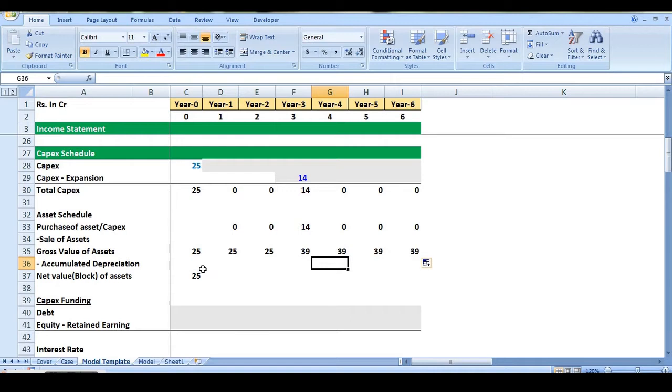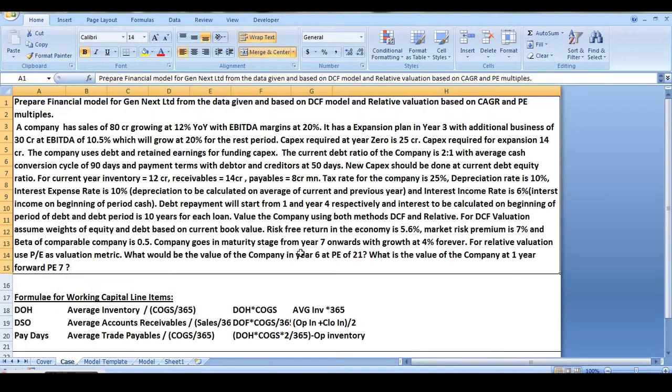When we calculate the depreciation, we will be getting our accumulated depreciation, because accumulated depreciation is depreciation till date. So it is necessary for us to calculate depreciation first. Now as given in the case, the depreciation is to be calculated on the average of current and previous year.